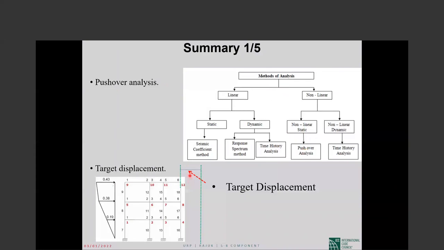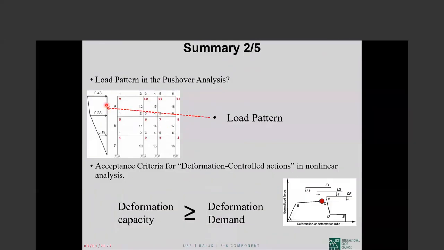Target displacement is to model the earthquake, the estimation of the maximum displacement of the building in an earthquake. What is the load, this lateral load distribution that is being used to push the building?